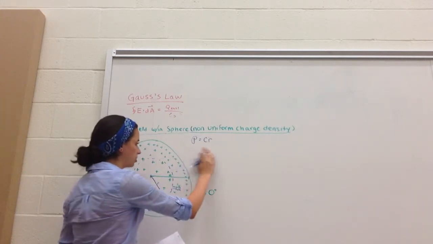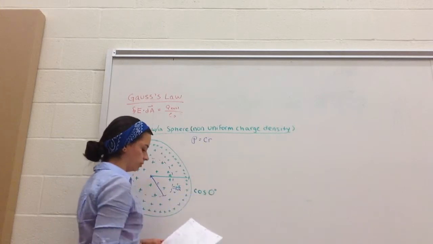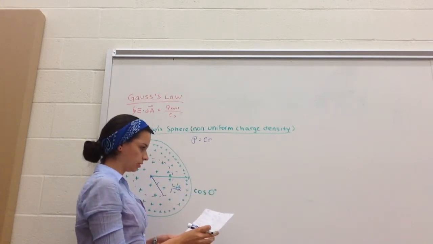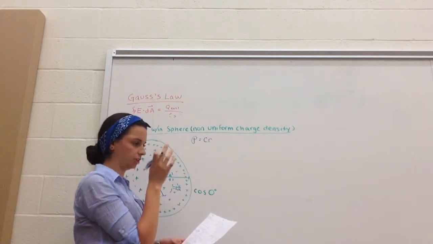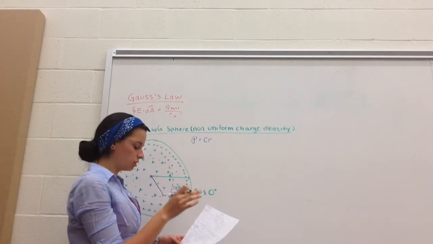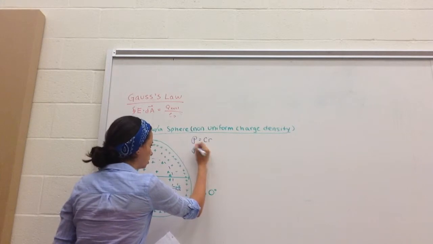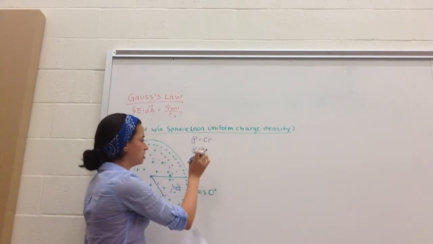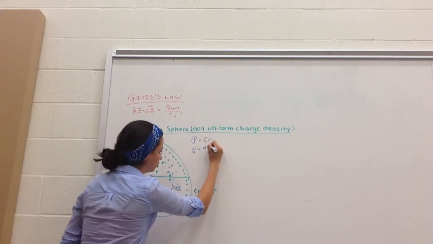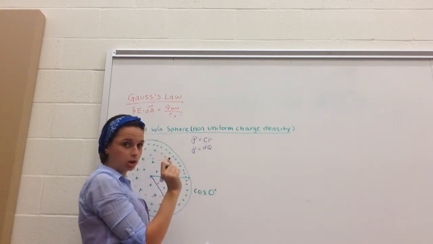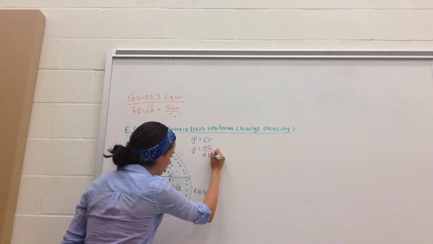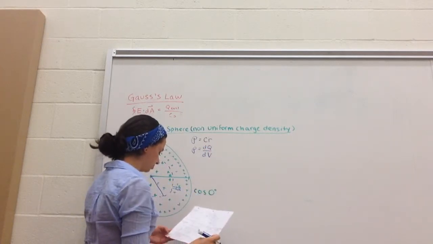Alright, and as we learned before when we were dealing with our infinite line of charge and the electric field enclosed within a sphere, rho equals the charge per unit volume, but in differential form, so infinitely small pieces of charge per infinitely small units of volume.